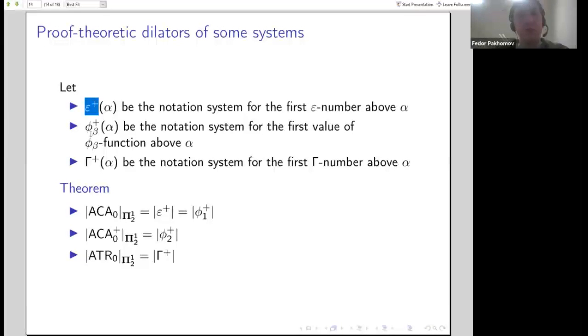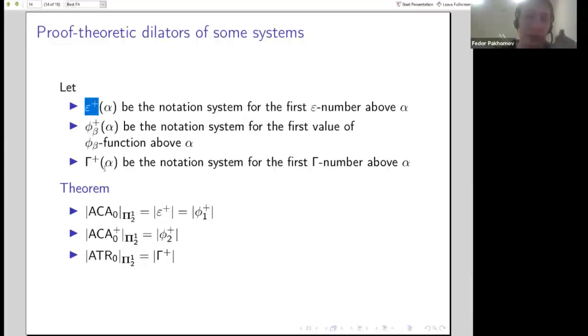Basically, phi beta plus maps to the next value of function phi beta, or in the case of beta being something like gamma plus 1, this should be the next fixed point. So this maps alpha to the nearest fixed point of phi gamma that is above alpha. And again, it's possible to define a notation system that does this.